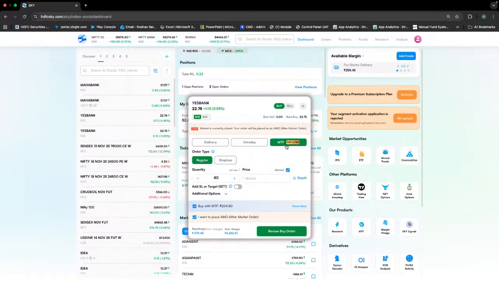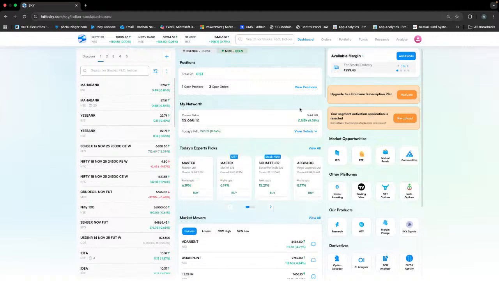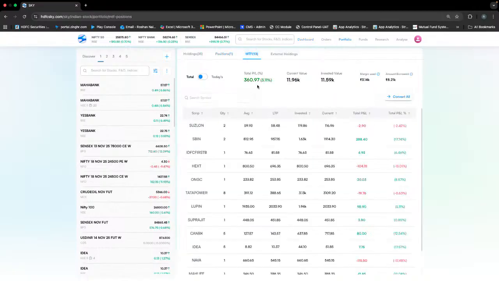Buying in MTF, for you as a user, is completely the same as buying the stock in delivery. There is not much change, but obviously there are some cases that you need to take care of. Let's say you purchase this order. After purchasing, you can come to your portfolio and view it in your MTF tab. These are the holdings that I have bought in MTF.